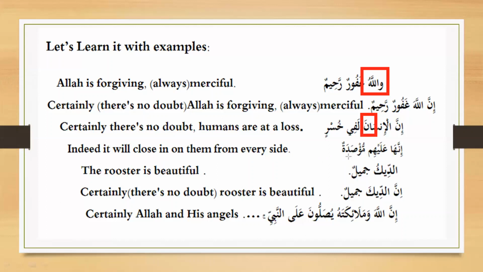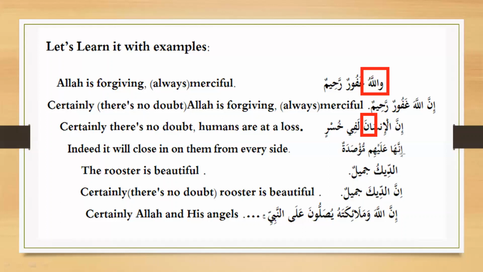So innaha alayhim musadatun. Innaha. Where is the ism of inna, which is nasb in status? Alayhim? No, ala is harf jar and him should be jar in status.